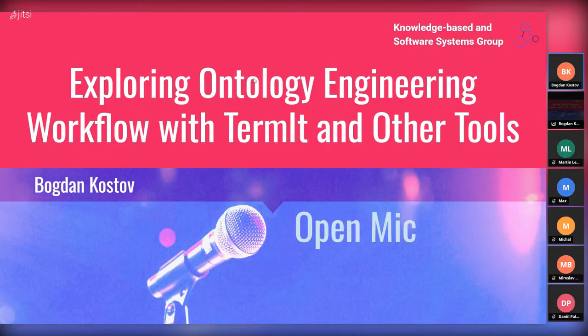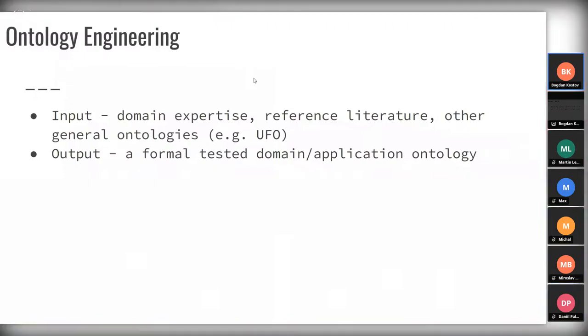So we'll start with a very brief introduction to ontology engineering. Basically, we have some sort of knowledge base. That's the input. So we have some domain expertise. Let's say we have domain experts. We have reference literature, but we also can have other stuff.